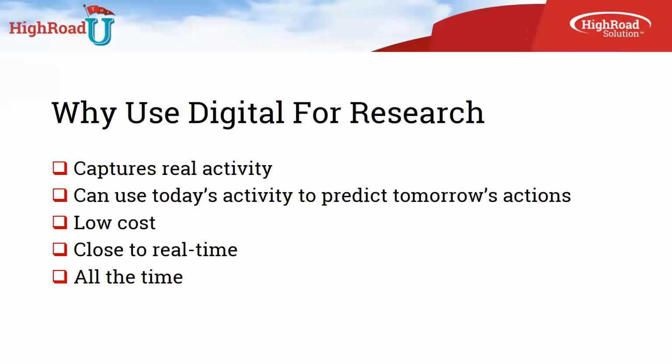Or is this something that looks and feels and smells like something we've seen before? And that type of modeling is obviously what everyone desires, so we can start to predict what's going to happen tomorrow. So we're starting to use digital now to really help us look forward instead of backwards, okay?